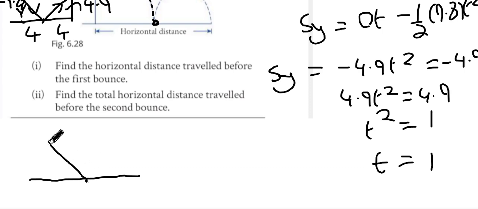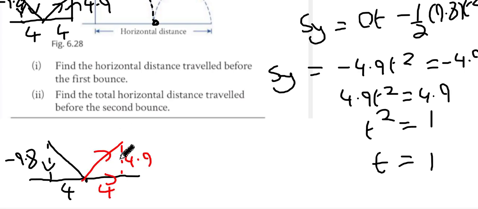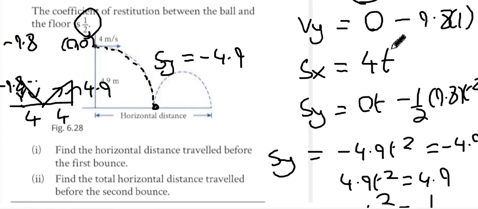We hit the ground with minus 9.8 and we went across at 4 and we rebounded at 4 across and 4.9 up in the air. What I didn't find was the horizontal distance traveled. Well, that's handy. I can just replace t with 1, and this first hop is 4 meters. We all right with that?